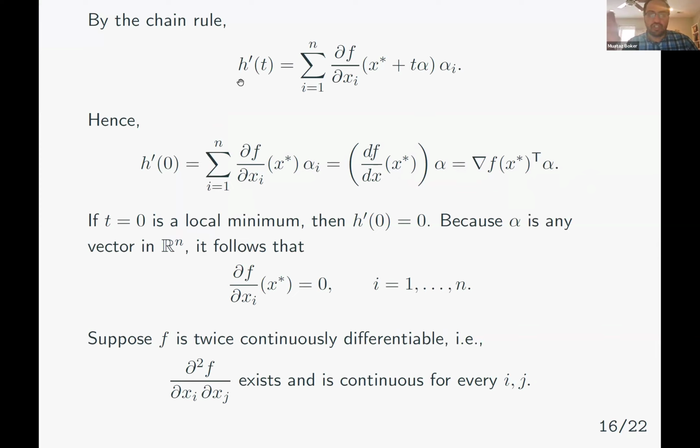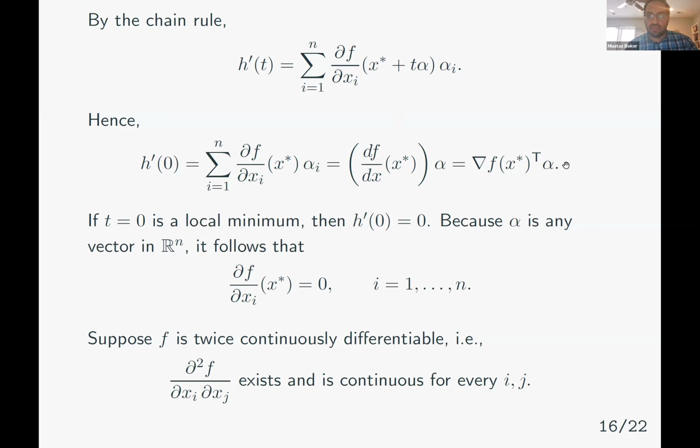if you differentiate h, you get this one. And if you substitute t equal to 0, this t will go away, and then you can write this in a vector form. So this is the gradient times alpha. And so if t equal to 0 is a local minimum, then by the necessary condition, h prime of 0 is equal to 0, right?